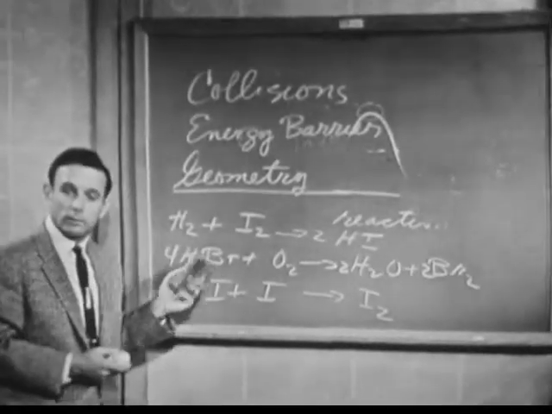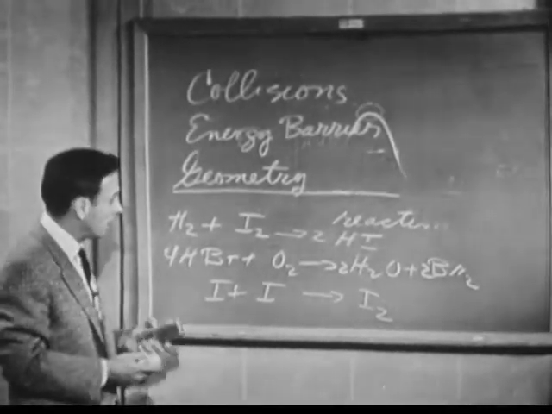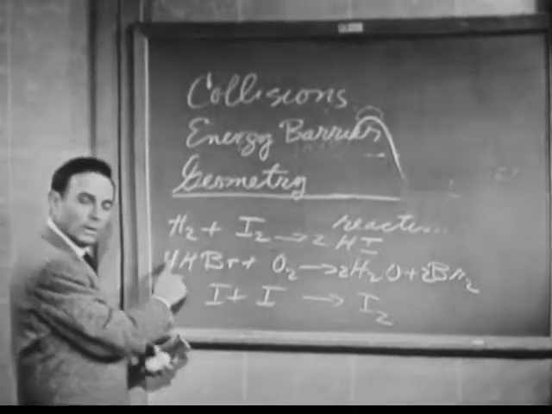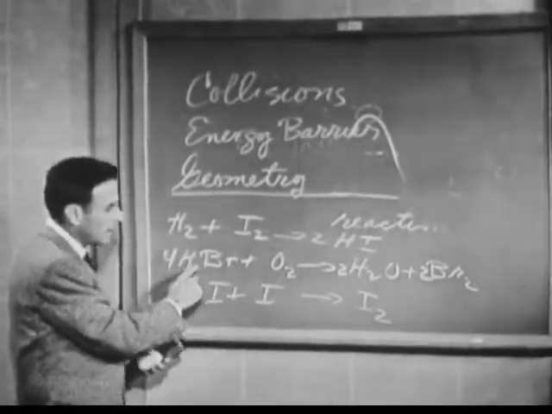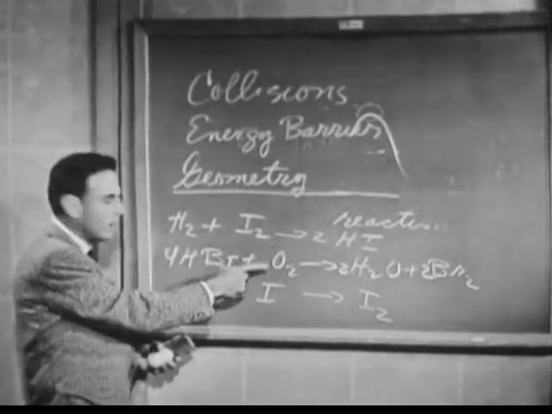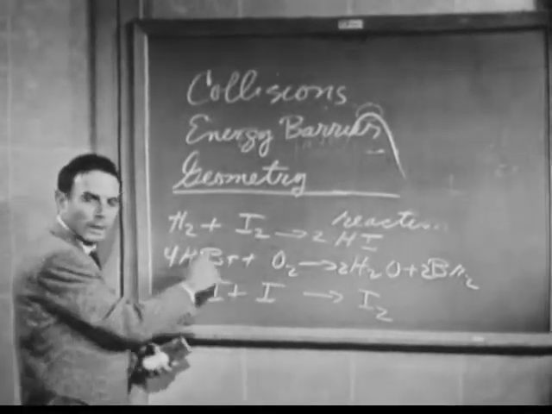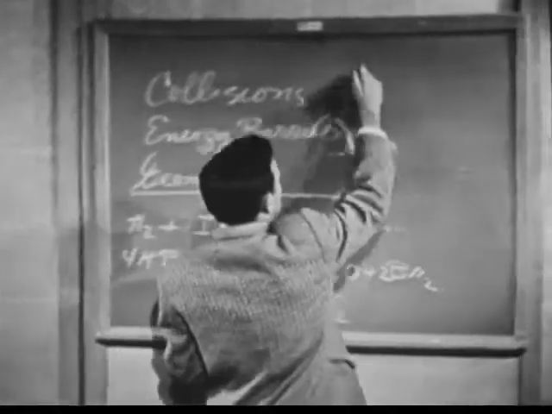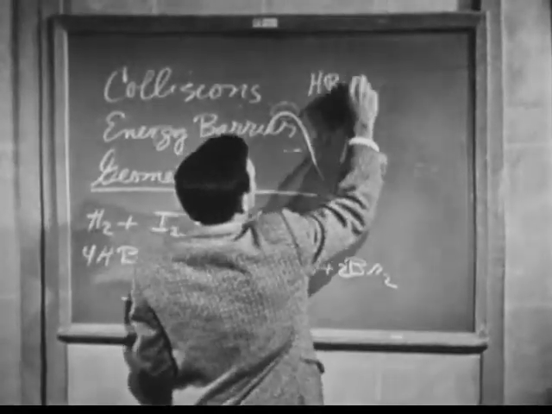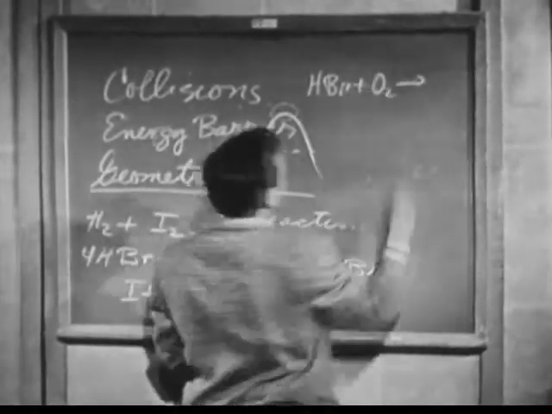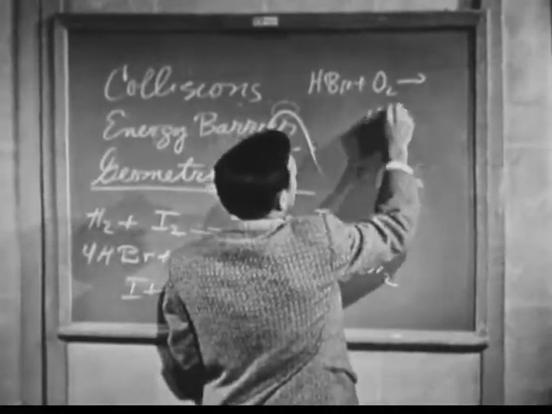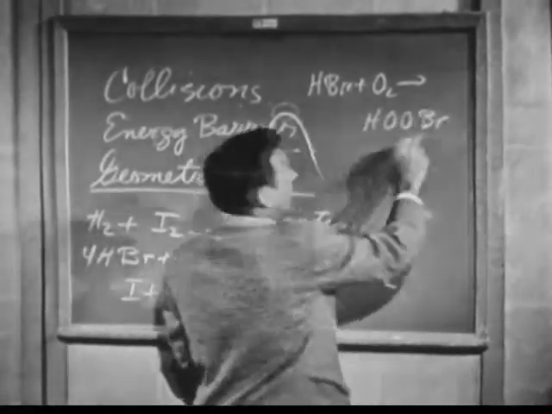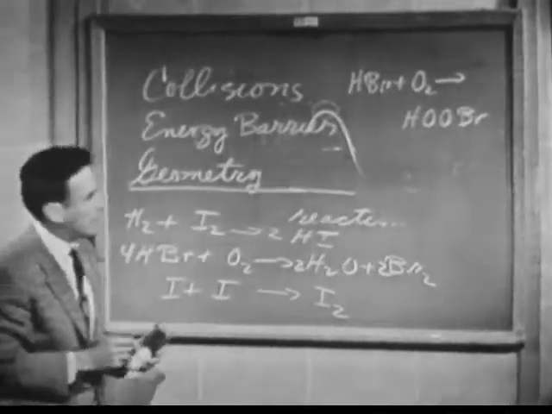In fact, it proceeds at a reasonable rate at moderate temperatures. And this is understood in terms of a sequence of reactions, none of which is as improbable as this 5-body collision. The reactions begin with one molecule of HBr reacting with one molecule of oxygen to form the molecule HOOBr, which is a peroxide, you see.